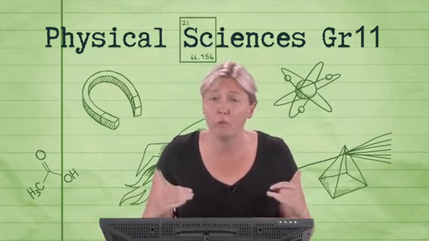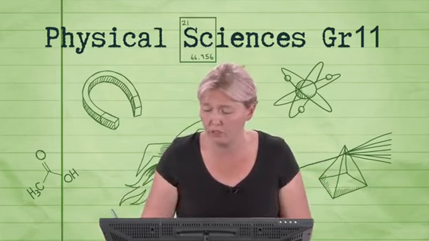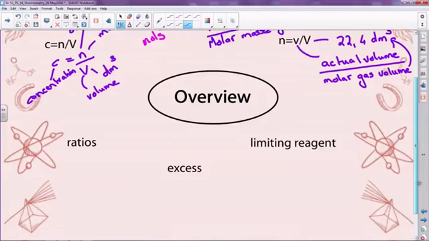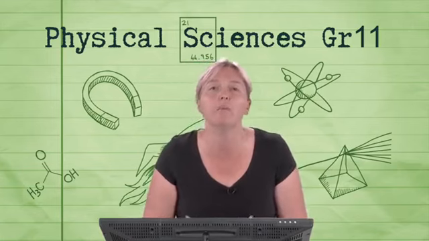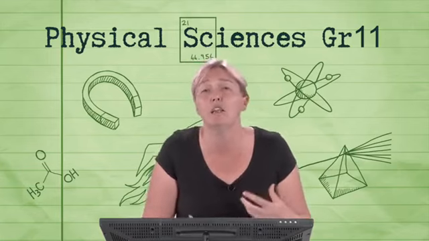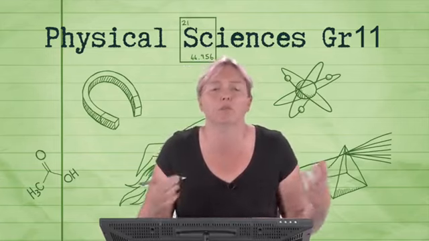Now I've got a few words to go with this overview. The first one is ratios. What do I mean when I'm talking about ratios? You remember that when we have a chemical equation, we have to balance it. The reason we balance it is because of various laws in chemistry, one being the law of constant proportion, the other the law of conservation of mass.